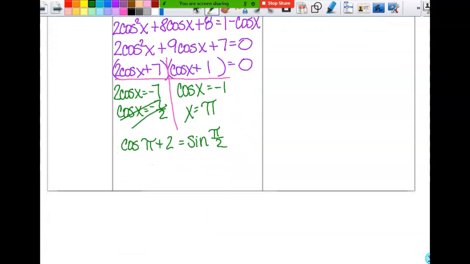Okay, I'm just substituting it into the original. If I get a true statement, I'm good. If I get a false statement, then I'll just have an empty set here. So cosine of pi is -1 plus 2. Sine of pi halves is 1. So this gives me 1 equals 1. True statement. So this is my answer. And I'm done with that one.